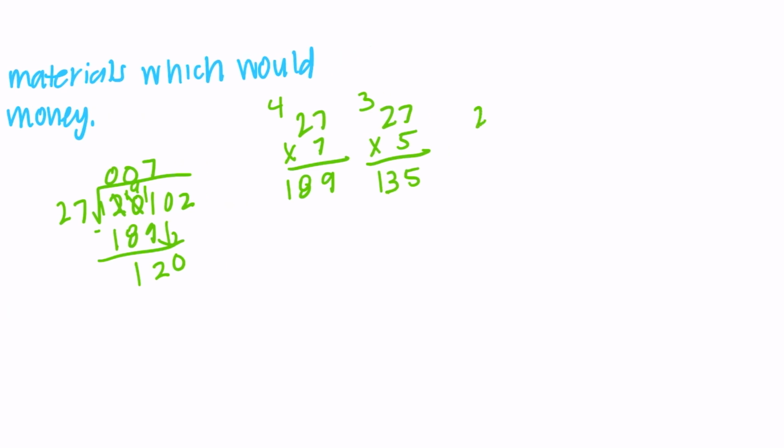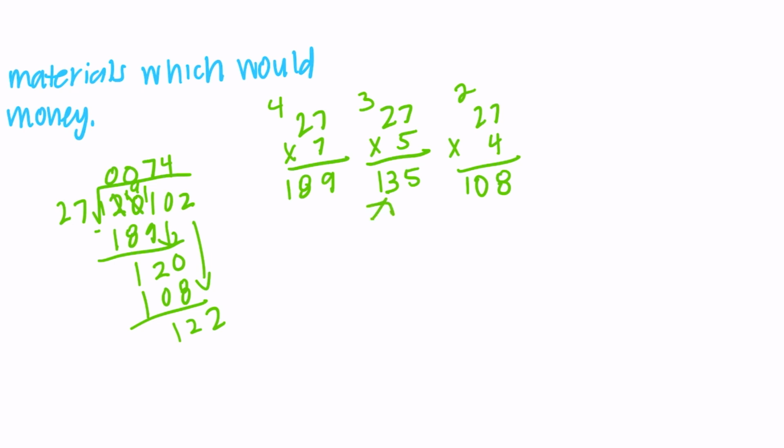So let's try 27 times 4. That's 108. So it goes in 4 times. 120 minus 108 is 12. Now we have 122, which we already know 27 times 5 was too big. So it can only go in 4 times again. And that is 108.